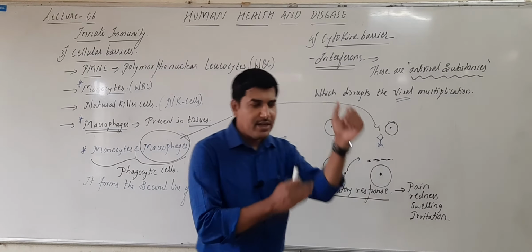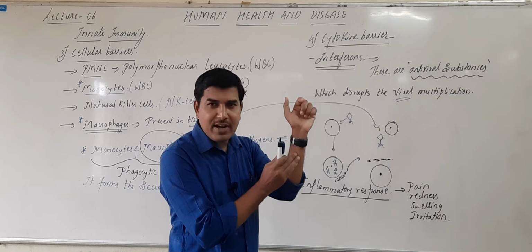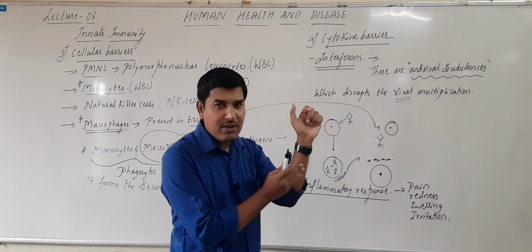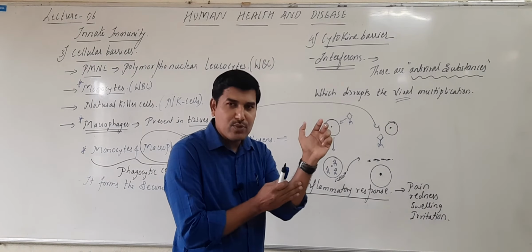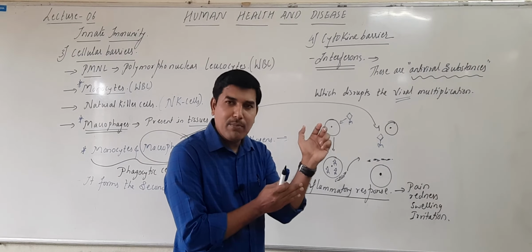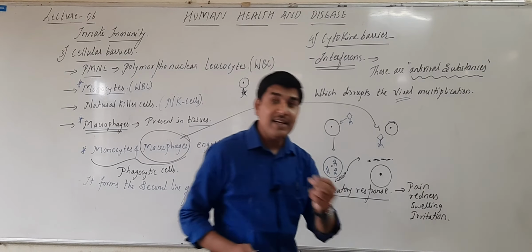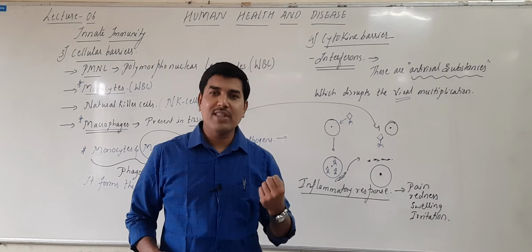Then redness in the region where it got injured, definitely you know it. Then swelling, initially slight, later on it may swell a little more. Then irritation, irritation is a burning sensation.